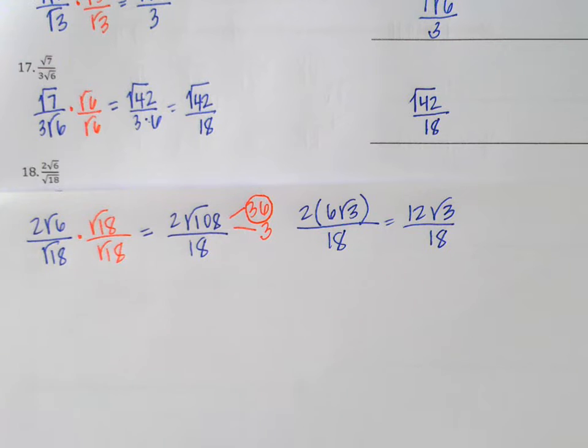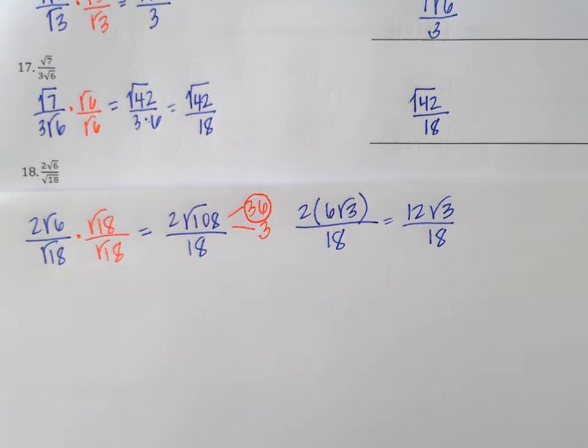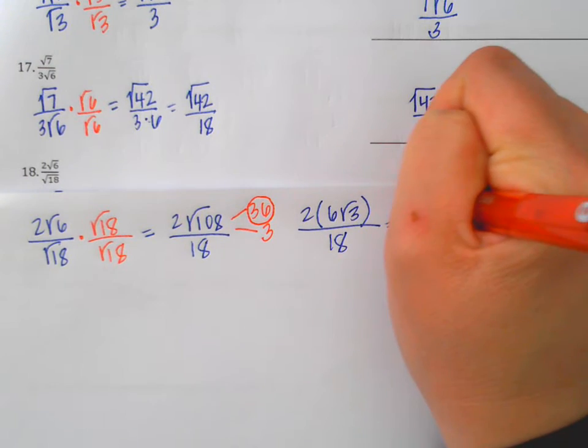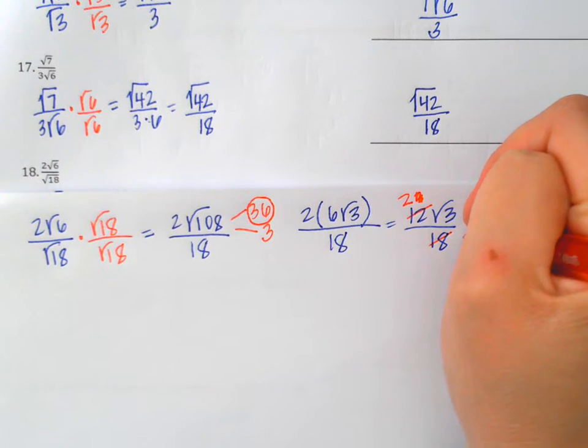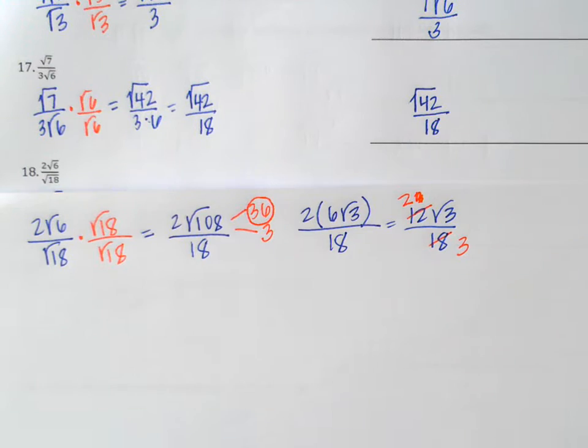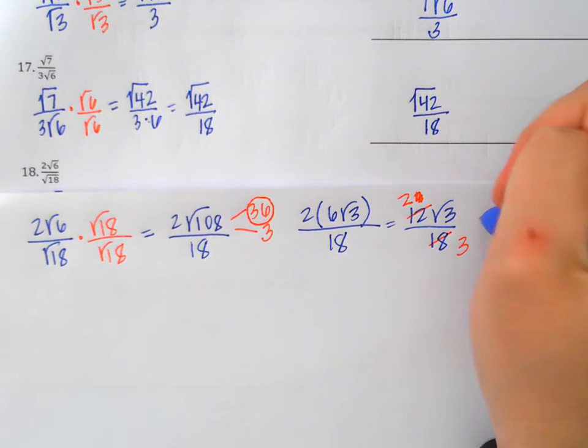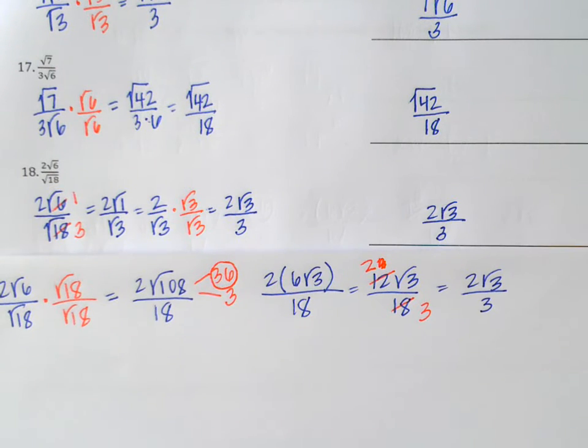We know 6 goes evenly into both of those. 12 divided by 6 is 2. I was getting ahead of myself. And 18 divided by 6 is 3. And so my final answer, 2 rad 3 over 3, which is exactly what I got when I did it the other way as well. So whatever method you prefer to use, go ahead and use that method.